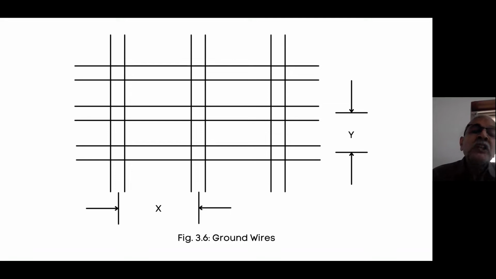So when it reaches the substation, it will not be that bad. That means if the lightning stroke has fallen some 100 km away, then by the time it reaches substation, it will not be that bad, right? But it is not sure that it will be 100 kilometers. It can be 5 kilometers, it can be 1 kilometer, or it can be 10 meters also. So you have to be ready for the worst thing.